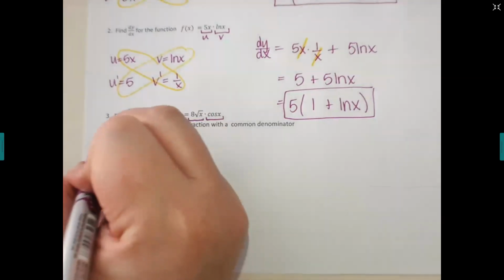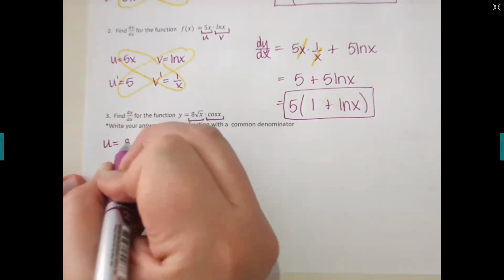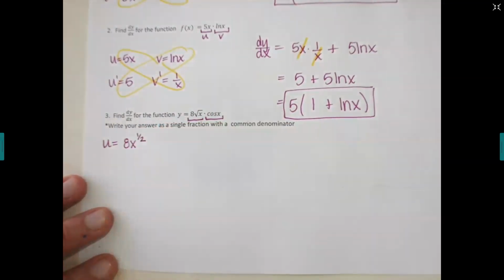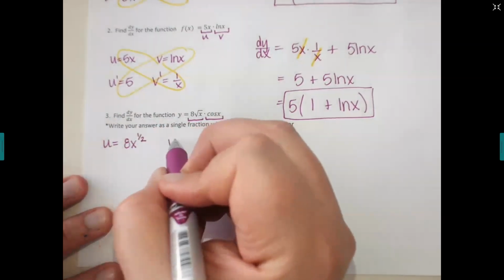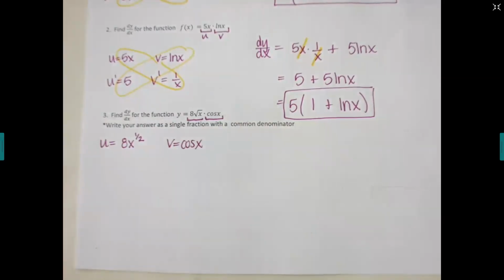So I'm going to do my u. It's an 8 root x, but I'm going to write it as an 8x to the 1/2. And then my v, as we've done before, is going to be just cosine x. All right, now let's take our derivative.